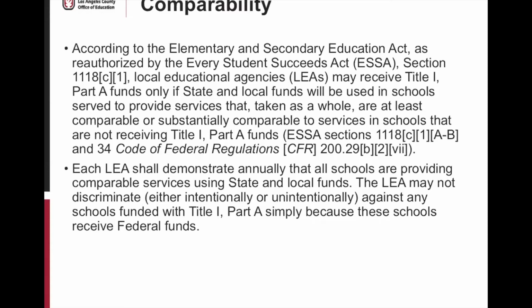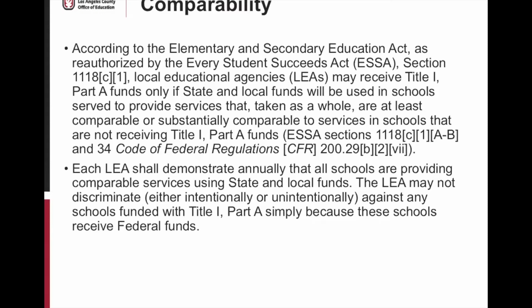So what it means is you're not underfunding your Title I schools and having them use Title I funds to make up the difference. Each LEA has to demonstrate comparability annually, and they have to show that all their schools are providing comparable services with state and local funds. So that's the floor.